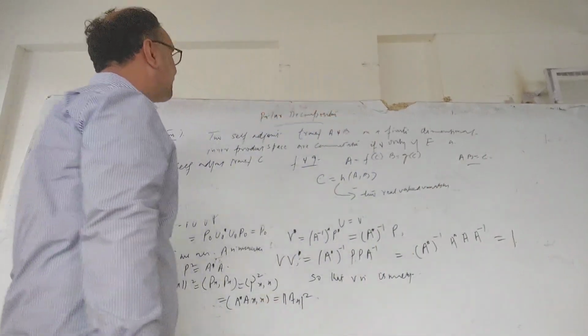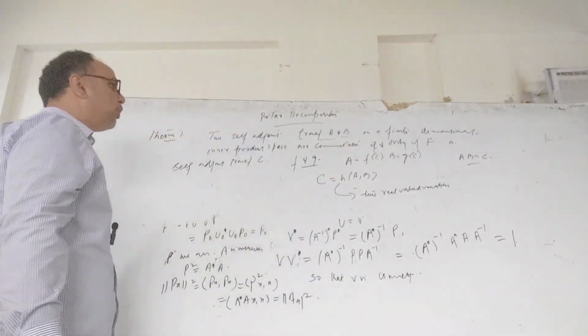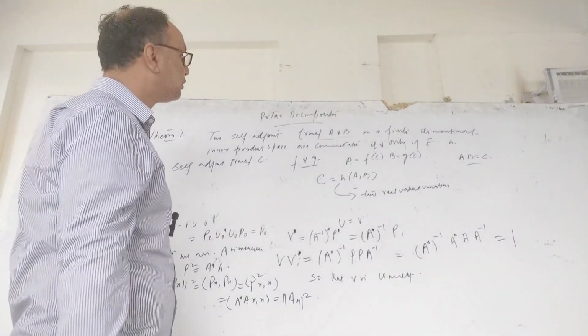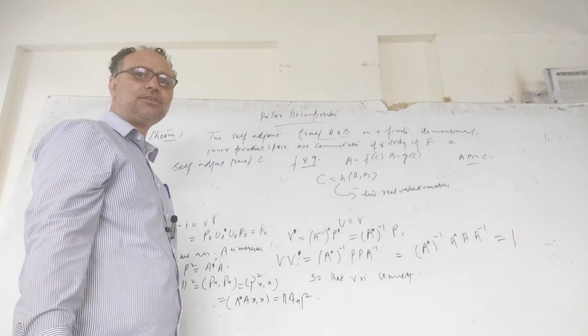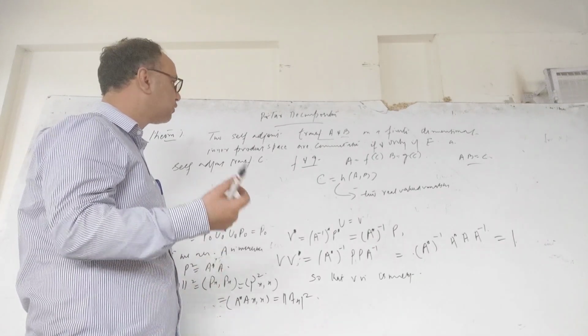So A and B are two self-adjoint transformations on a finite dimensional inner product space, that's fine. And if they are commutative, we also have to show that commutativity is strictly obeyed.